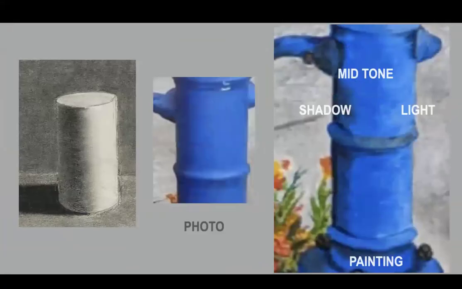So this is showing what I just talked about before on Karin's painting, the light, the midtone going to the shadow on the left, and the photo. In the photo you see, it's hard to see, but this light area is really a little more moved to the left, that very lightest area, with it just getting slightly darker to the side.